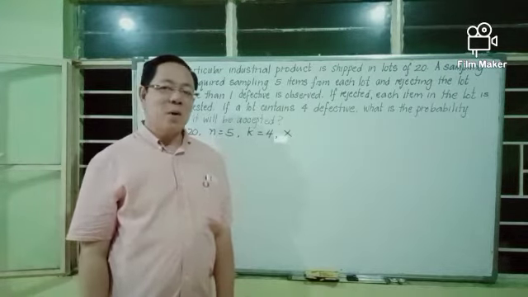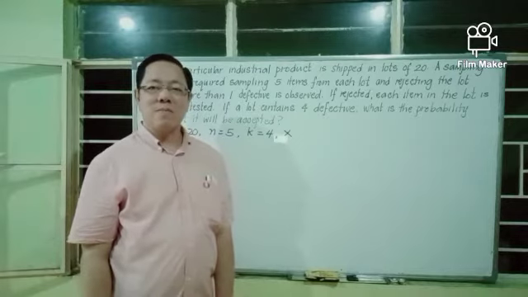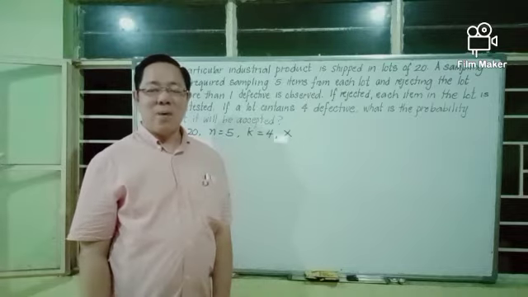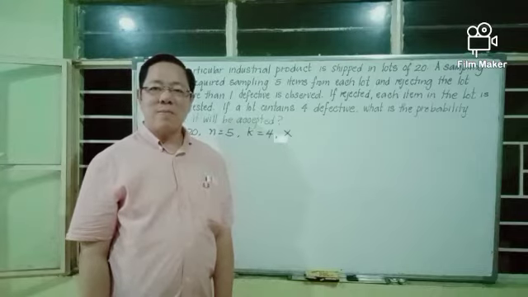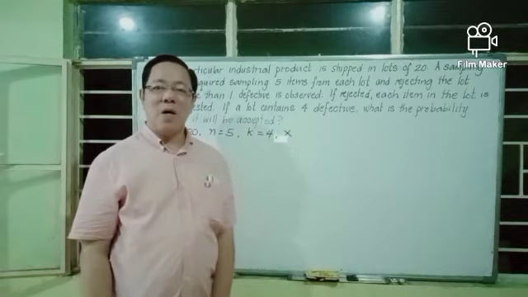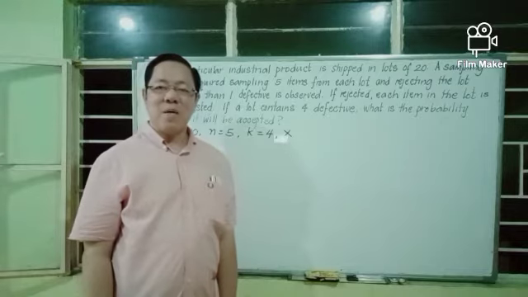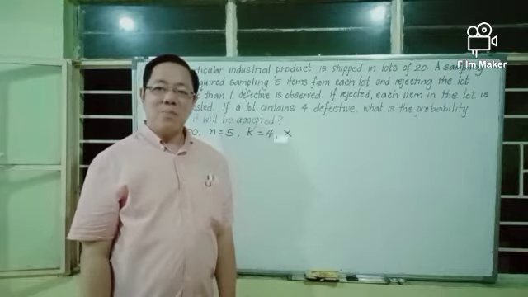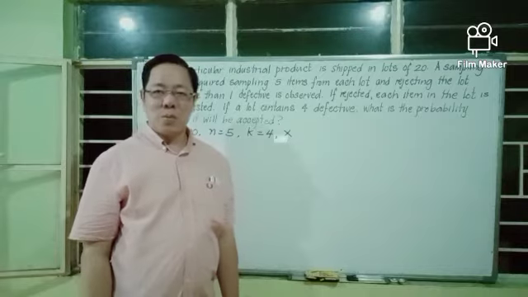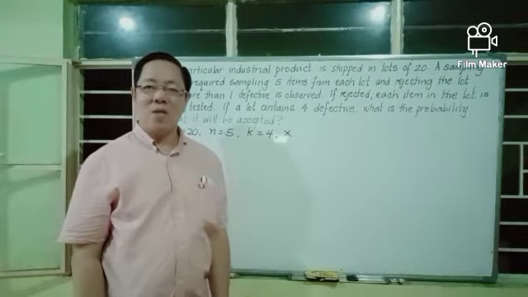So this means if more than one defective is tested among the sample of 5, the lot is rejected. That means that the lot will be accepted if the number of defective items is not more than 1, which means that it can be 1 or 0.